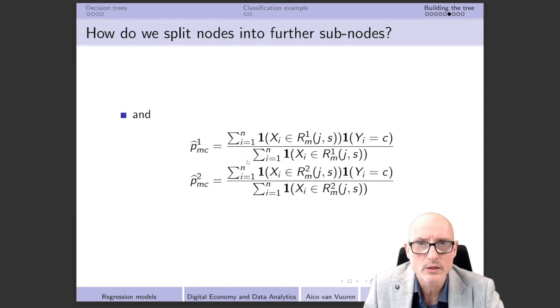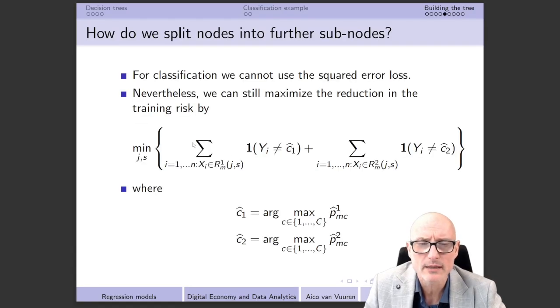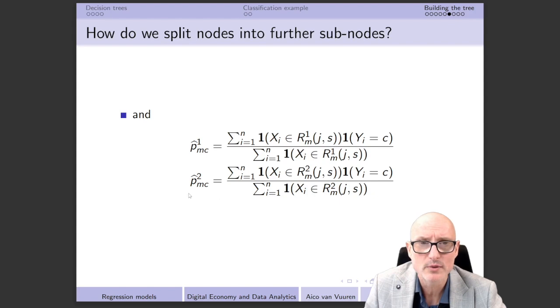And we can do that with respect to p1 hat(m,c), but we can of course do exactly the same thing with respect to C2 hat. We are going to choose that class that is most frequent among the observations in the second subspace, and there we define these as p2 hat(m,c), and the p2 hat(m,c) are actually nothing else than the number of times that we find a particular class c in this subspace R2(m,j,s) that we have over here.